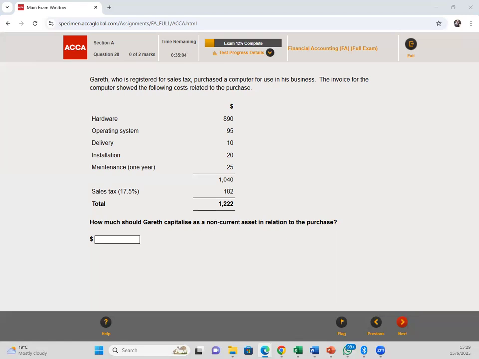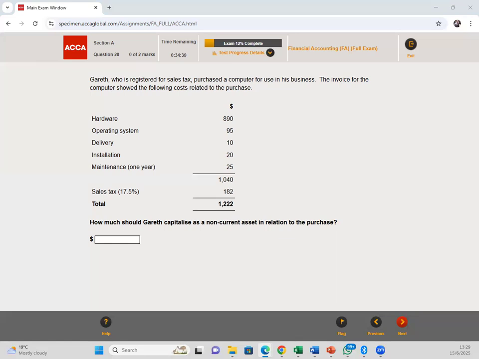Gareth is registered for sales tax and purchased a computer for use. How should this be capitalized in the books? If they are a registered taxpayer, they can recover the input tax.